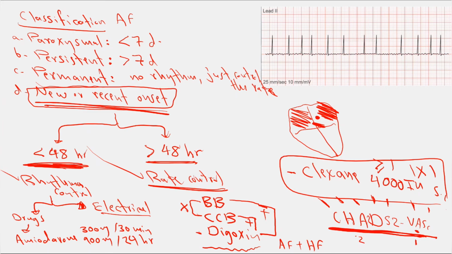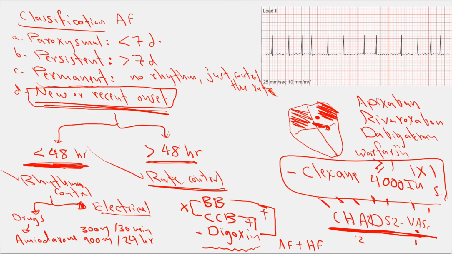If discharged and a decision is made to give anticoagulant, we may give apixaban, rivaroxaban, dabigatran. These are new anticoagulants. But sometimes the patient cannot tolerate these drugs because they have valvular heart disease. At that time, we may go to warfarin.